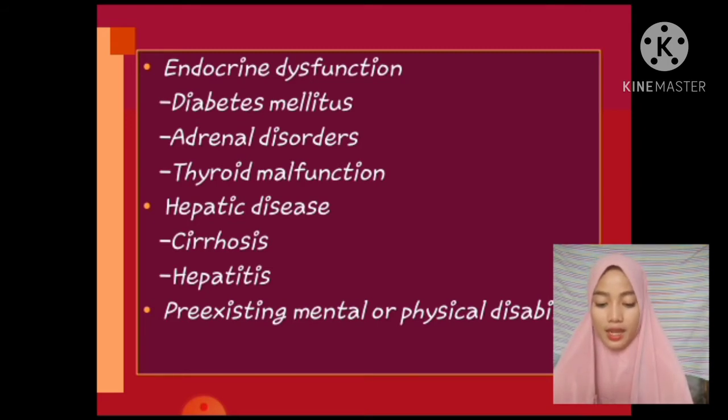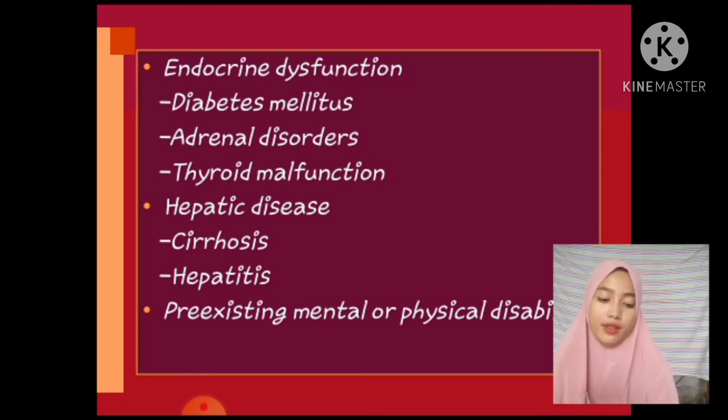It is a disease in which the body's ability to produce or respond to the hormone insulin is impaired, resulting in abnormal metabolism of carbohydrate and elevated levels of glucose in the blood and urine.